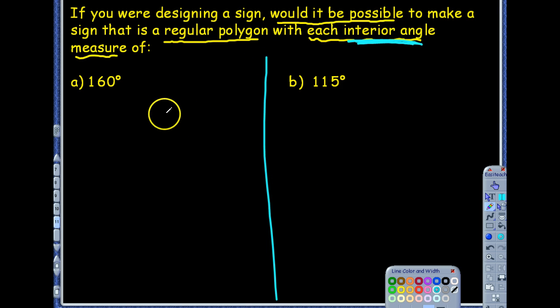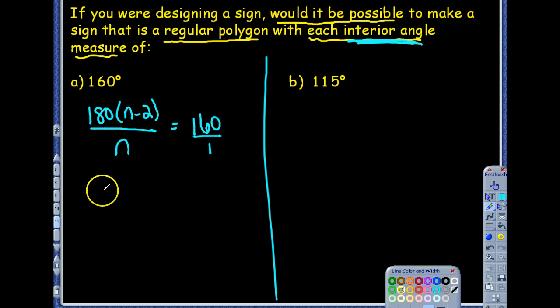What do we know about the sum? It's always 180 times the quantity n minus 2 over n, and that gives you one interior angle, and that's 160. That's what they tell us, that we want each one to be 160 degrees. If I put that over 1 and cross multiply, I'm going to get 180n minus 360 equals 160n.